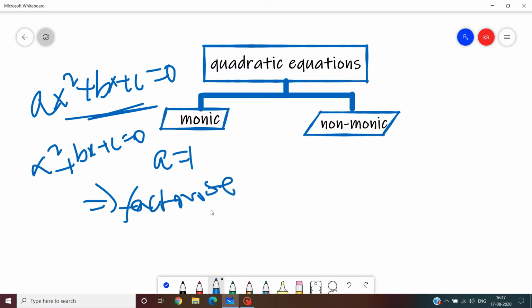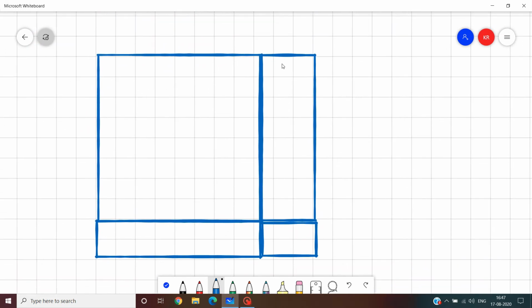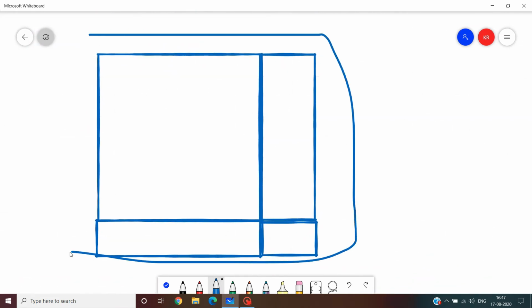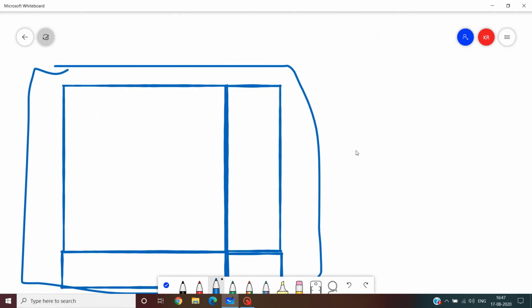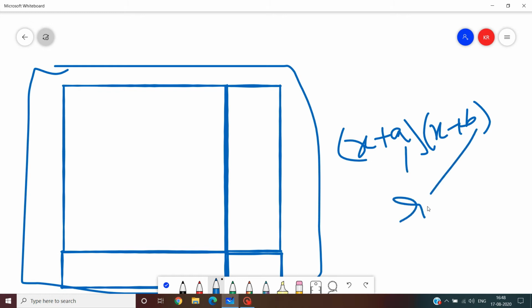And we have discussed another method, not only factorization. In our last class, we discussed the square method, because this type of monic equations we can make in the form of x plus a into x plus b. So here a and b are roots.